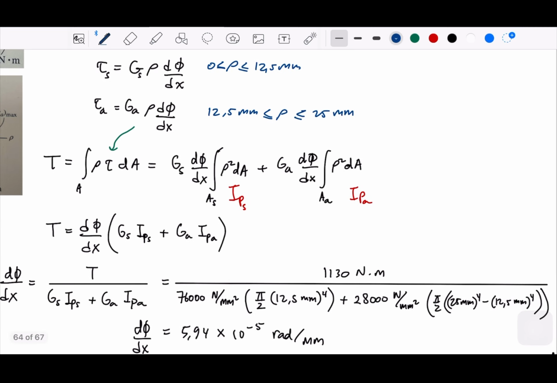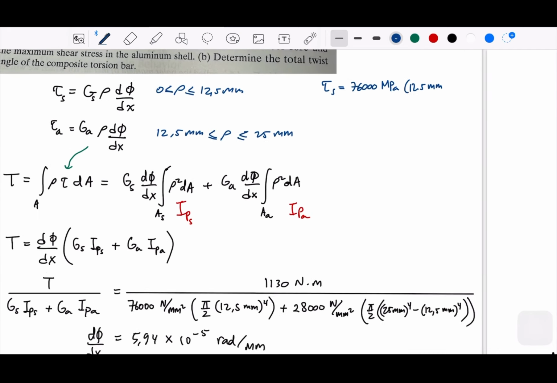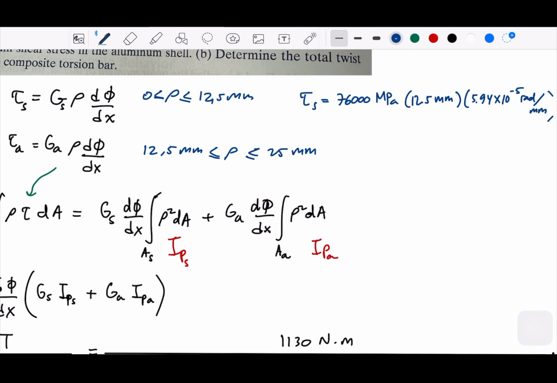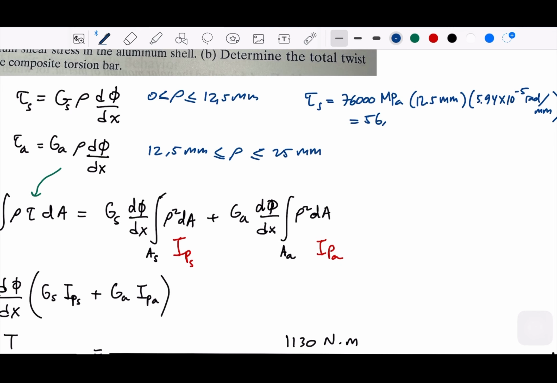So right here, for steel, it's 76,000 MPa, multiplied with rho at 12.5 millimeter, and then multiplied with the twist rate. So this will be 56.43 MPa.